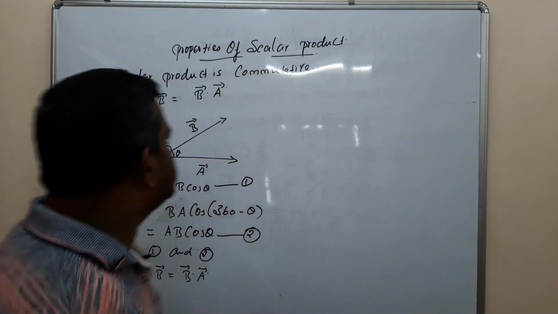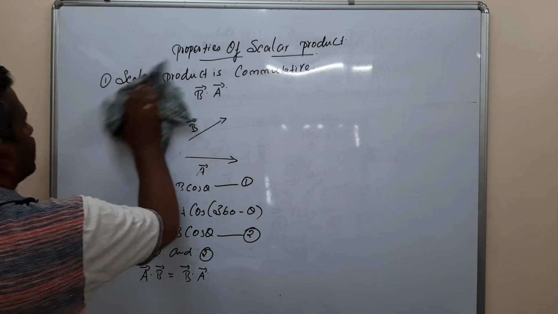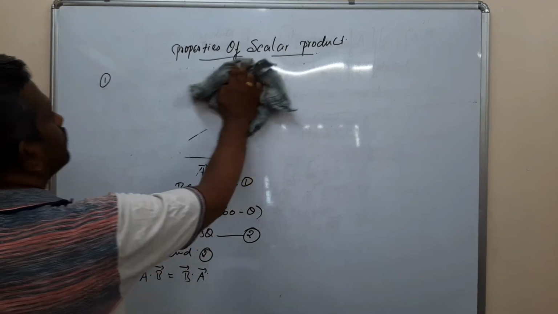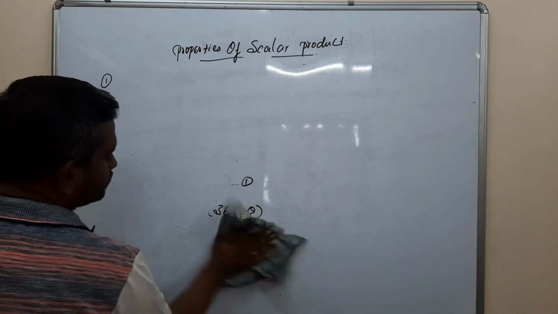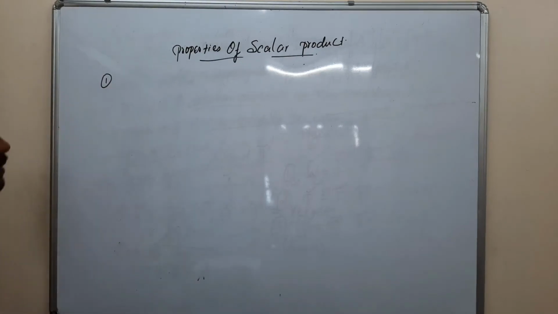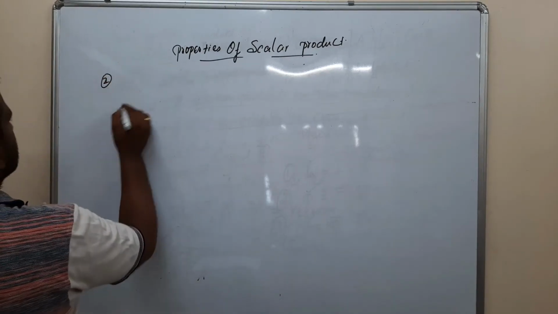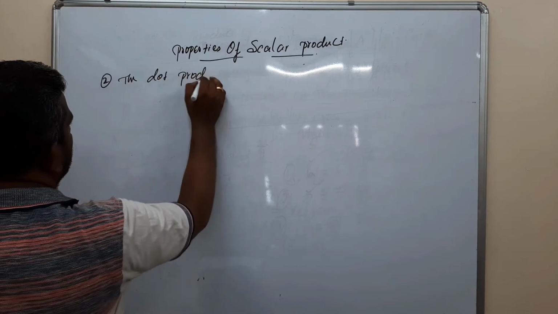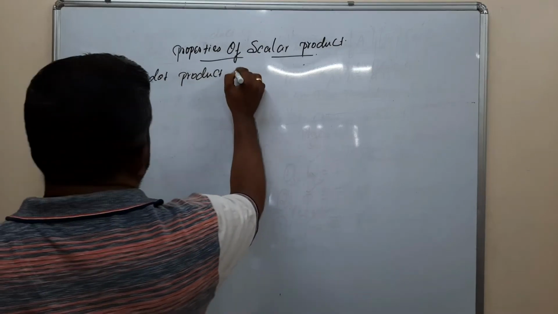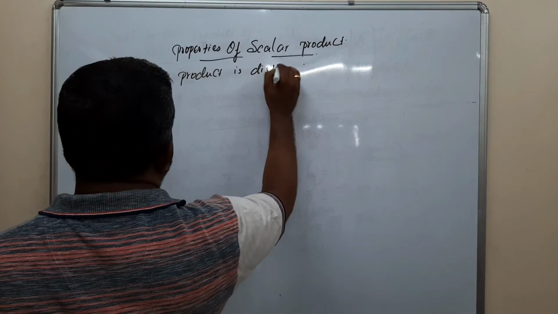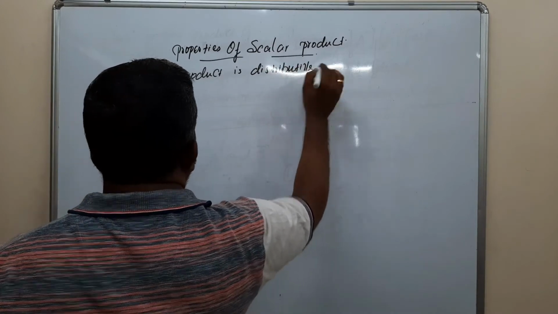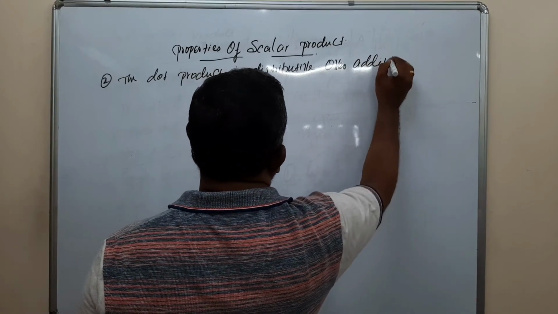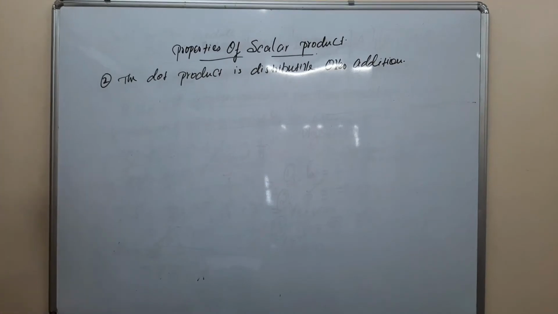So the second point: the dot product is distributive over addition.